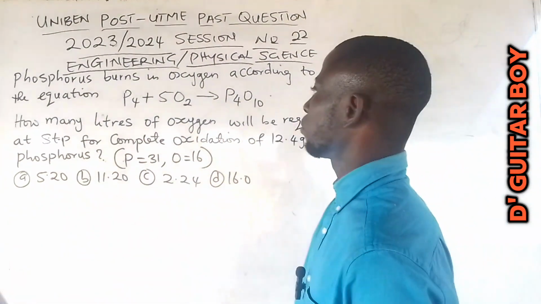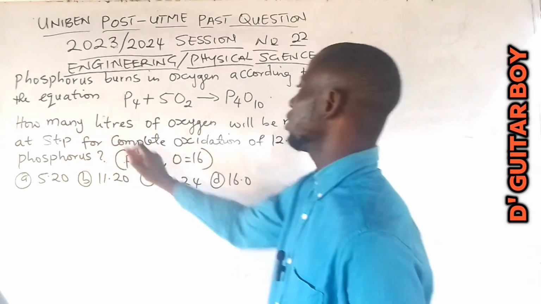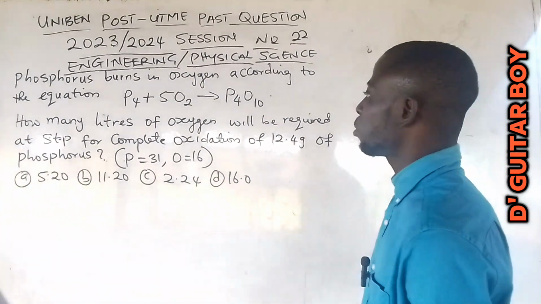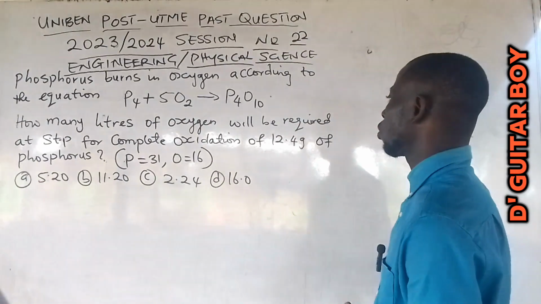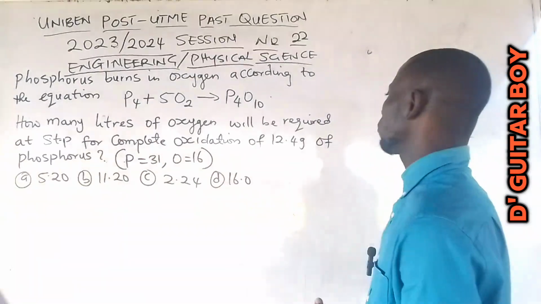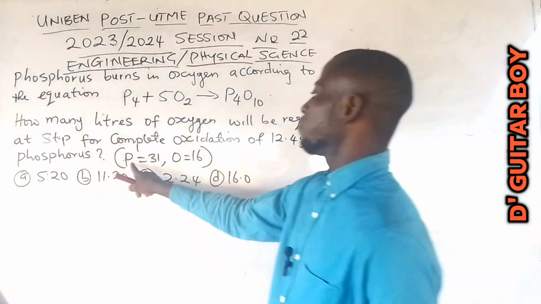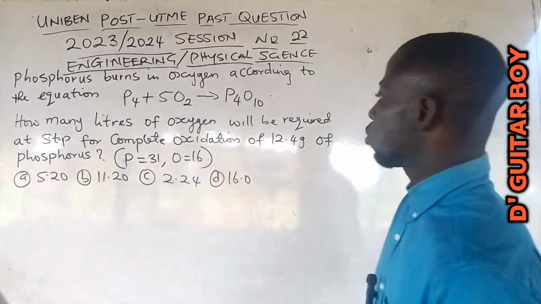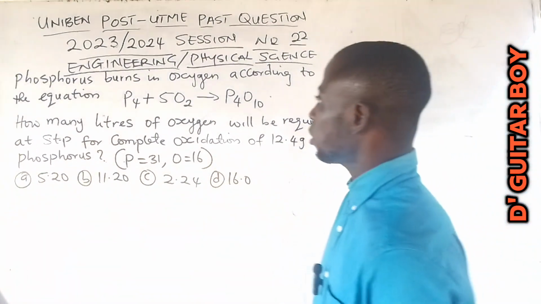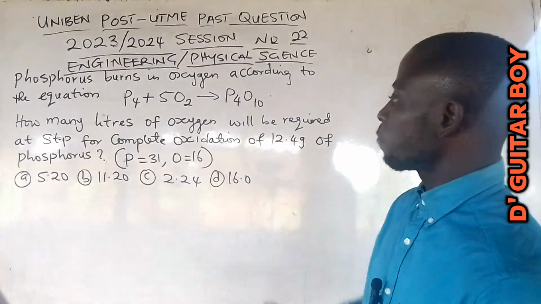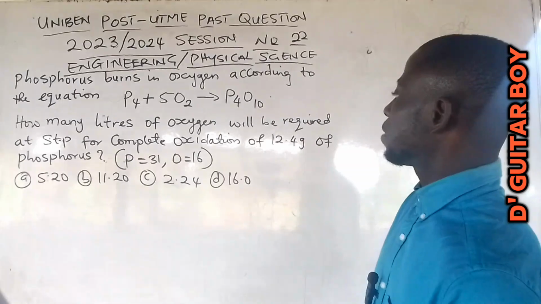How many liters of oxygen will be required at STP for complete oxidation of 12.4 grams of phosphorus? They gave you the relative mass of phosphorus to be 31, and the relative mass of oxygen to be 16.